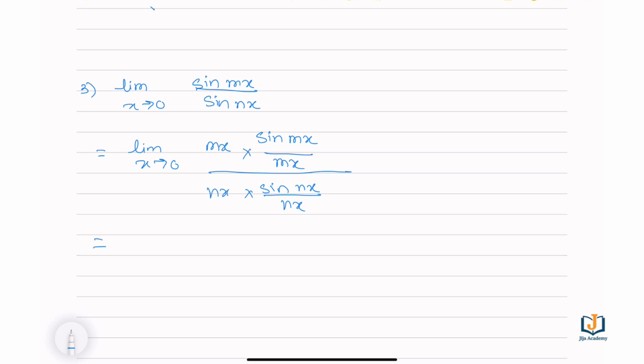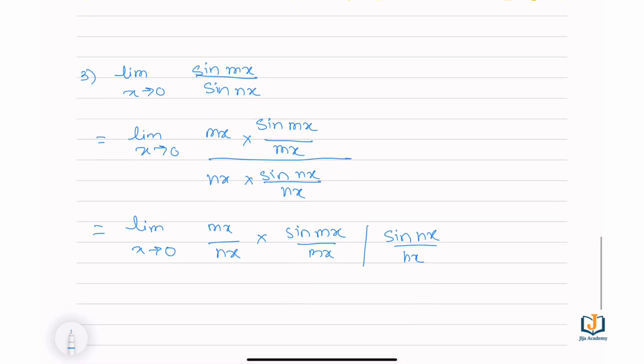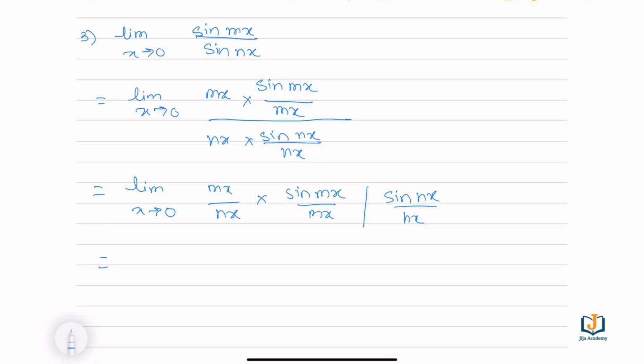So limit x tends to 0 mx upon nx into sin mx upon mx divided by sin nx upon nx. So here m upon n.